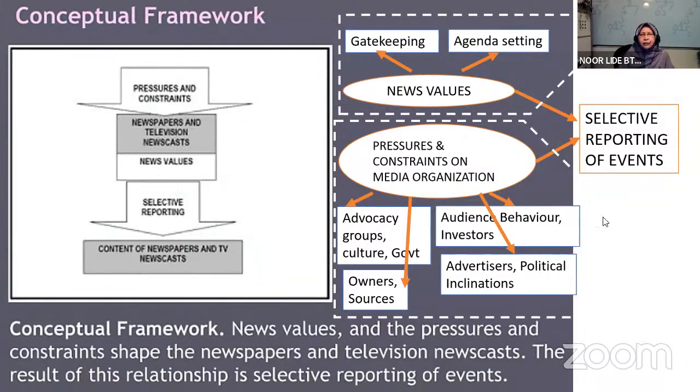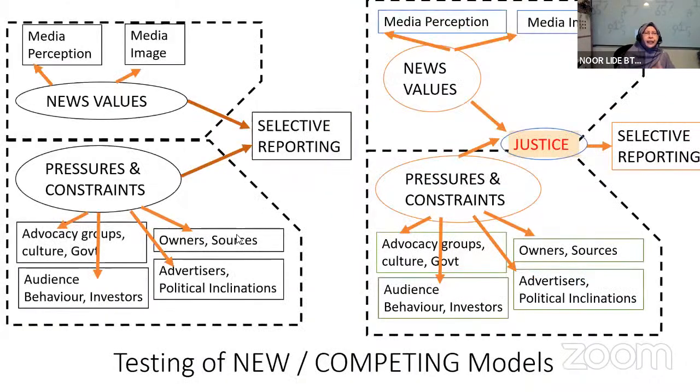From here, we can also show our students that this is the basic thing we have gotten, but maybe we are also interested to look at justice, because it's possible that the media organization, despite the pressures and constraints, has a sense of justice, what they think about justice. Based on this, the selective reporting would also be influenced.